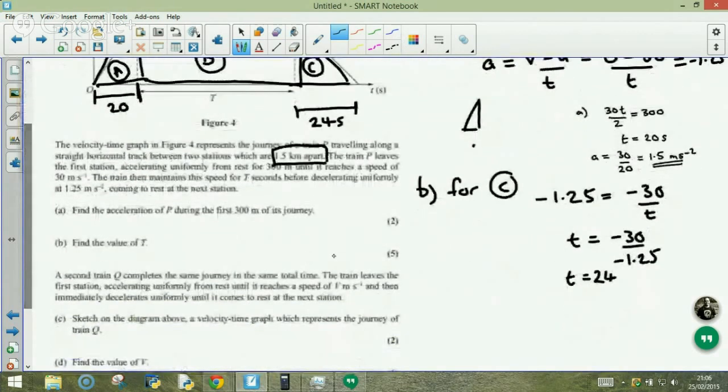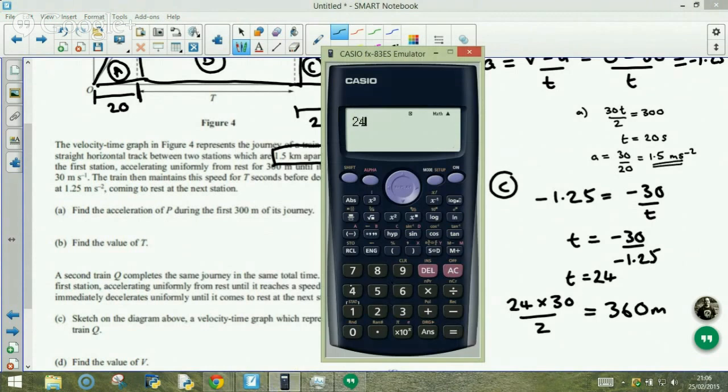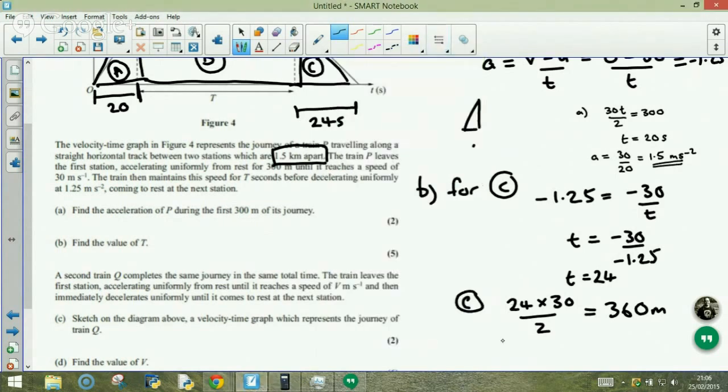The distance for C is going to be the base times the height, halved. So 30 times 24, 720, halved. Good. So we've got a distance of 360.